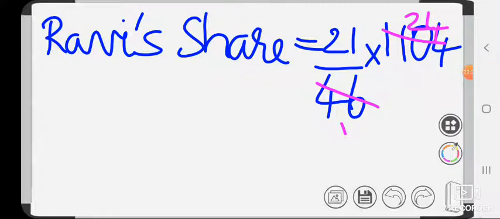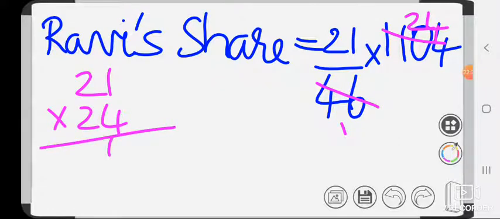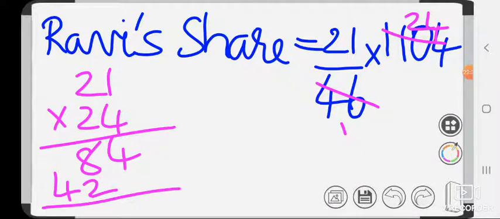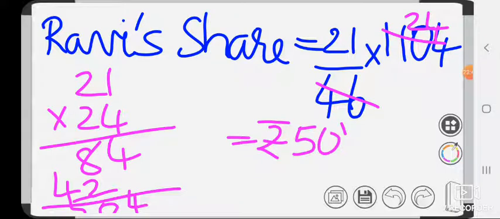Now multiply 21 into 24. 1 4 is 4, 2 4s are 8, 1 2 is 2, 2 2s are 4, so we get 504. What will be our answer? Rupees 504.